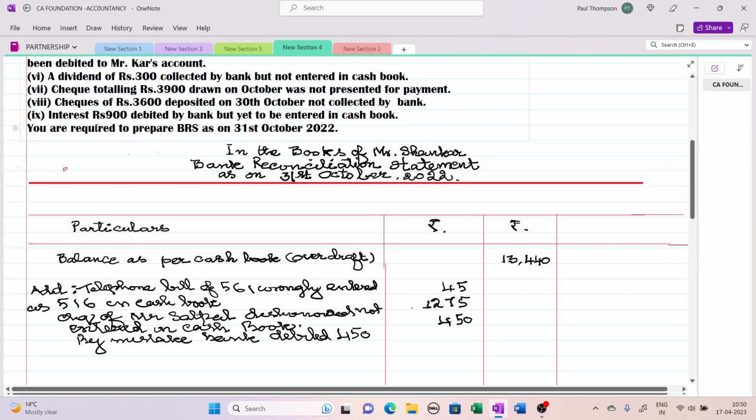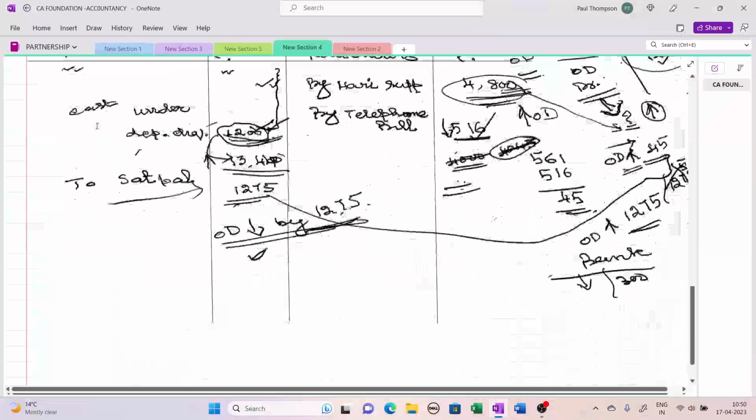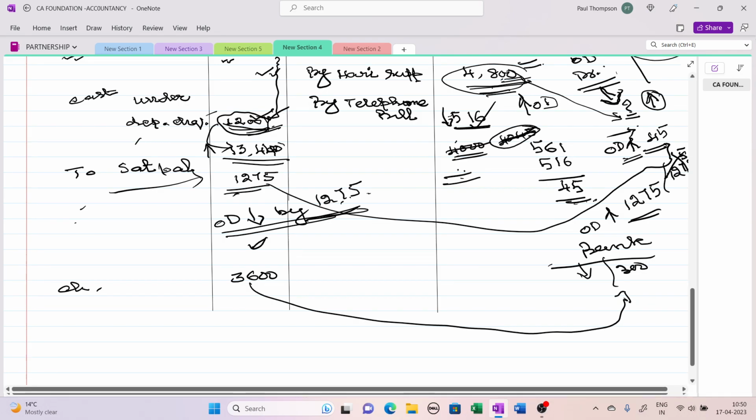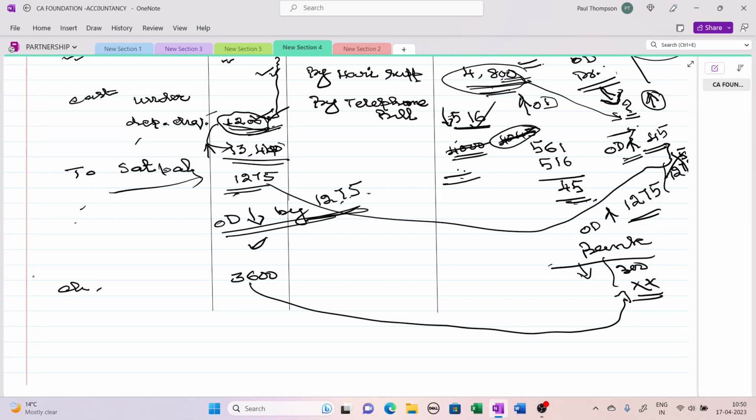Next one is cheque of 3600 deposited not collected by bank. See, as I have told you already, ஒரு செக்கு 3600க்கு நமக்கு ரிசீவ் ஆயிருக்கு. Immediately what we did, we have gone and deposited into bank. But bank has not given me the credit for that because it was deposited on 30th October and bank needs at least 2 to 3 days.